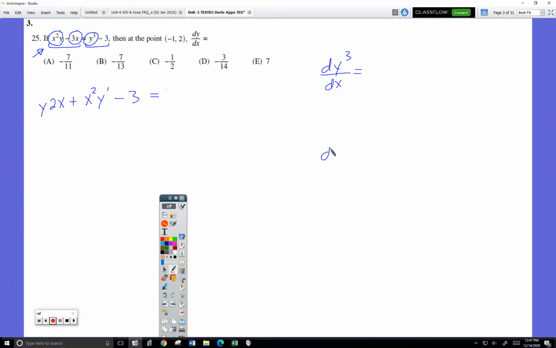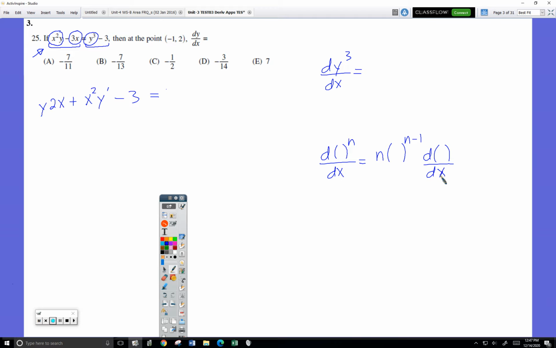Power rule says derivative of something to a number. So would it be 3y squared? Closer. Let's bring down the n. We have the something, and minus 1, but the last thing is we must multiply by what? The derivative of the something. Yep.